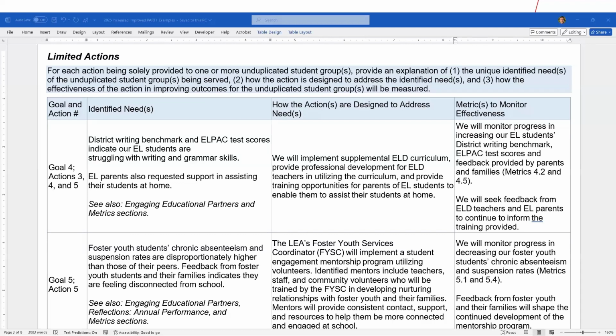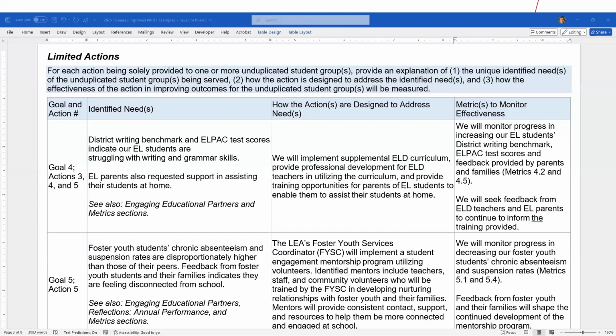The need identifies the district writing benchmark and LPAC test scores indicate our EL students are struggling with writing and grammar skills. This limited action is for EL students, only ELs. Your low-income students and your foster youth and everybody else isn't going to receive these services. Only students who fall into the EL student group, which would also include LTELs because they are also ELs, okay?